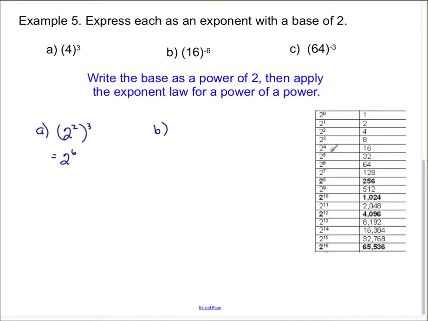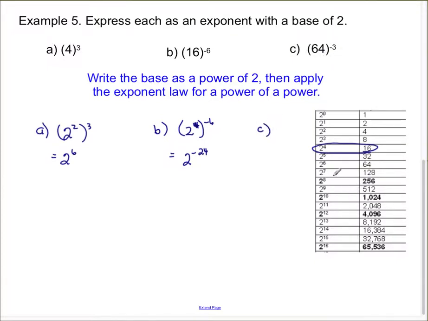Now these ones are going to get a little bit different because they've got negative exponents, but only moderately different. What is 16? Let's go over here. 16 is 2 to the 4. So I'm going to write that as 2 to the 4 to the negative 6. Now remember, all of our regular rules apply. So when I have a power of a power, my rule is that I multiply those two things. So I've got 2 to the negative 24. And lastly, C, we need 64.